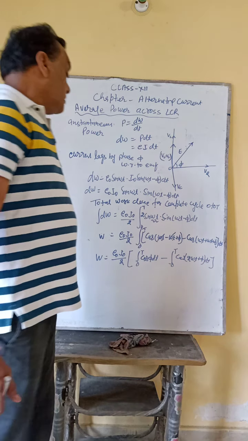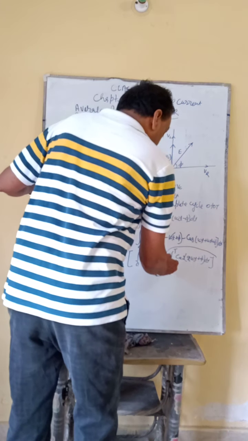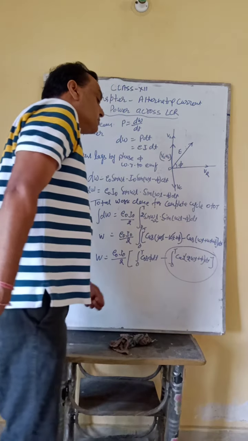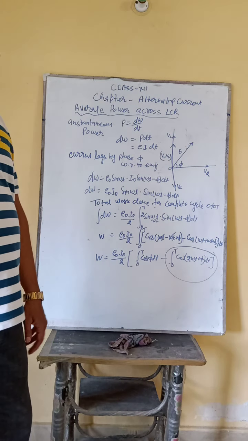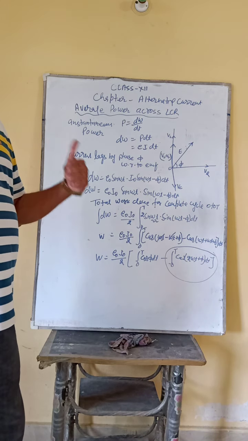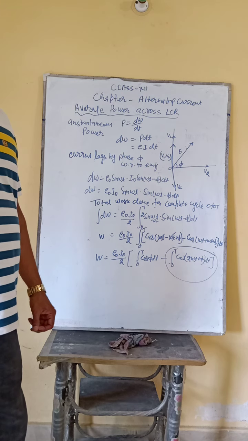Already I had told that the integration over a complete cycle of sin 2 omega t and cos 2 omega t will be 0.